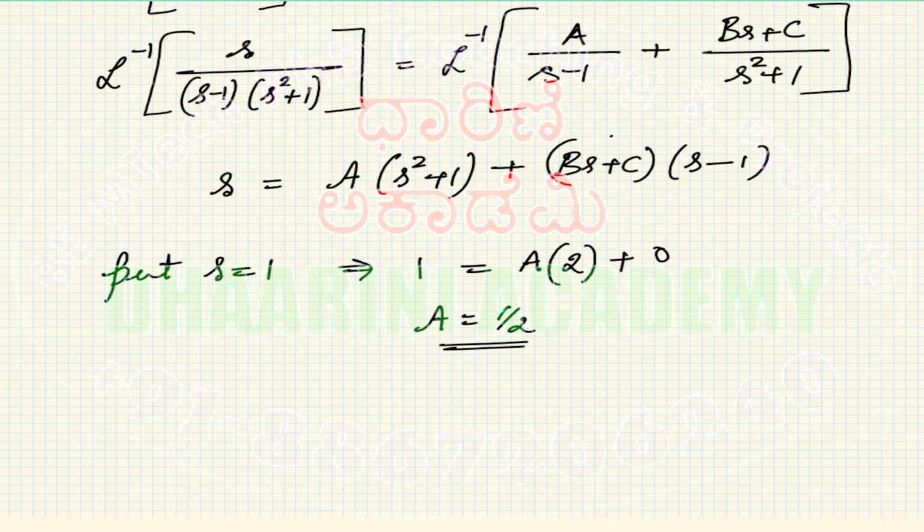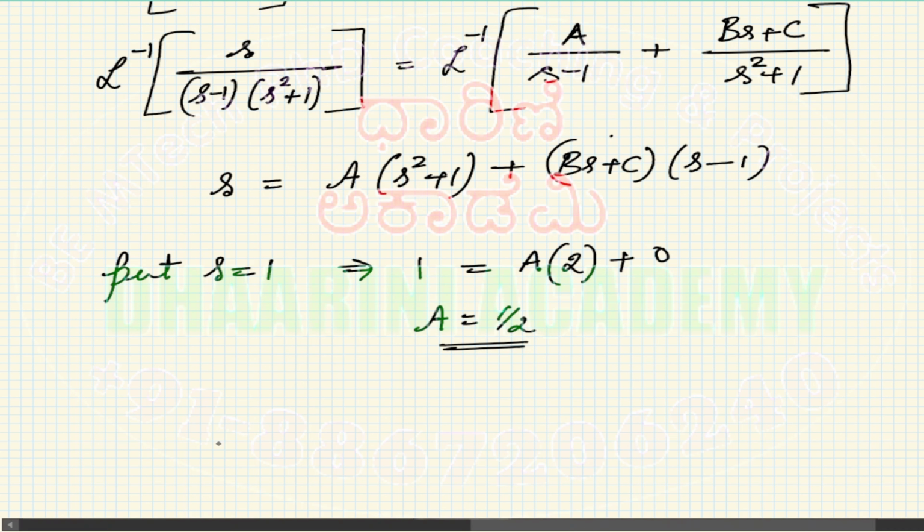Okay, now I know A, and if I have to find C or B, I guess C. If you want to find C, you have to make the term B into something that is 0. That is possible if you put s equal to 0, right? Put s equal to 0.